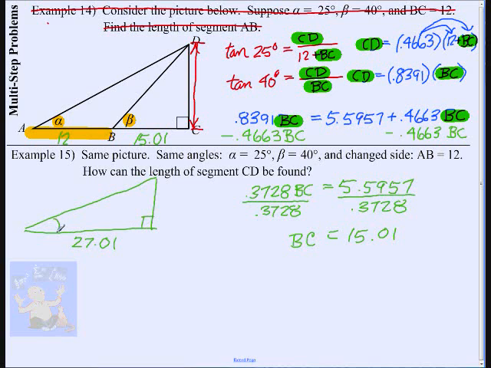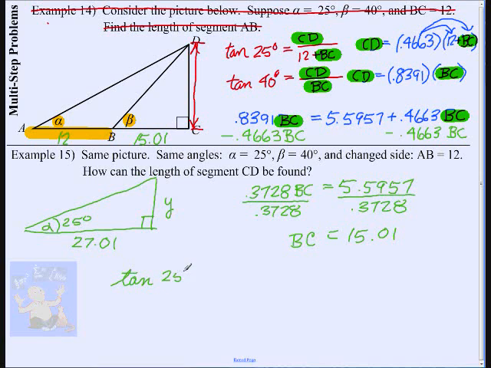And of course, what I want to find is that length there. And I know this one, right? I know alpha. That's 25 degrees. So in order to find this, let's call it a y. What am I going to do? Yeah, we're using the tangent ratio a lot here.